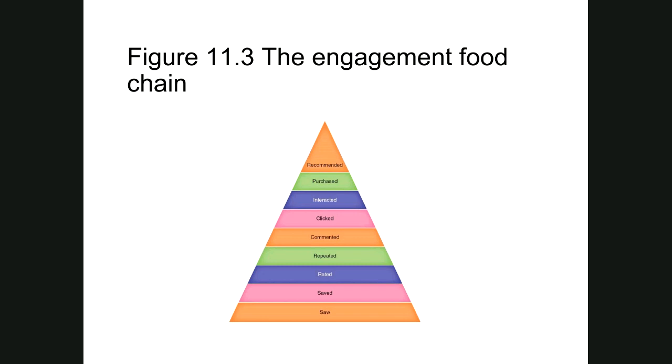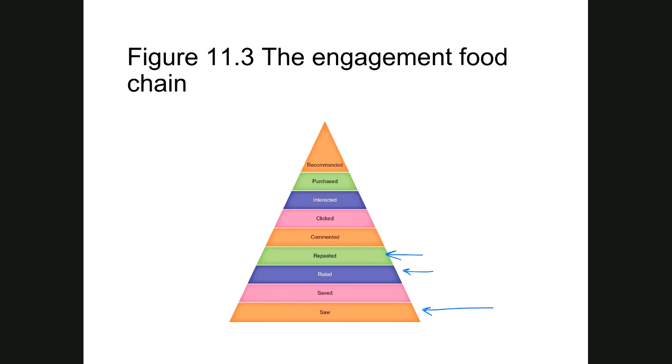So you can see this engagement food chain at the bottom. Somebody saw something. They saw a story, they saw an ad, whatever. Then we move up a little bit. They saw a story about us, and they put some kind of rating in there that they really liked it. They liked the meal at that restaurant. It was good. It was so good that they did it twice or 3 times, right?